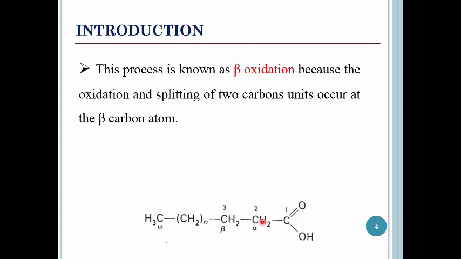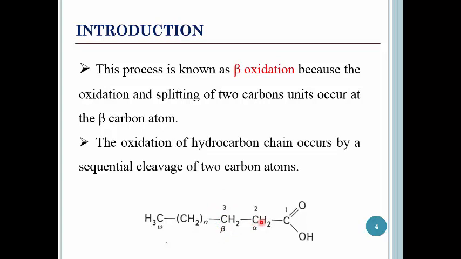That's why it is known as beta oxidation. The oxidation of fatty acid occurs by sequential cleavage of two carbon atoms. So it will remove two carbon atoms sequentially until the whole fatty acid is oxidized. That is about the introduction.